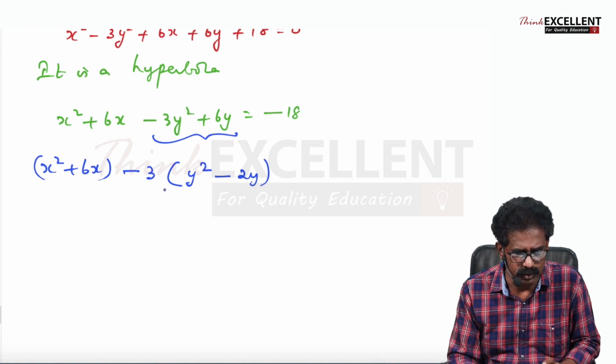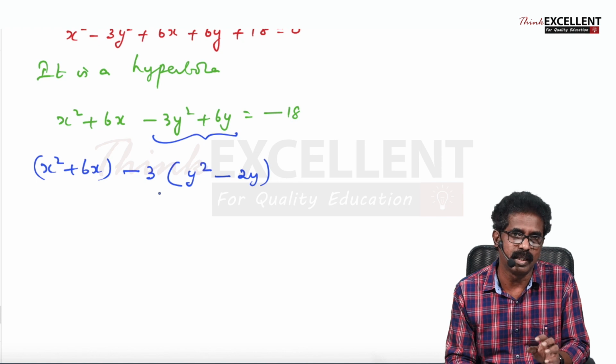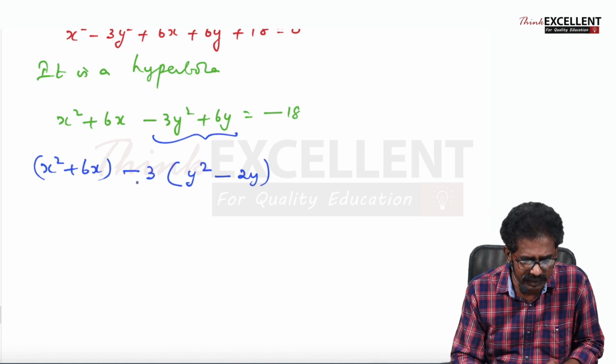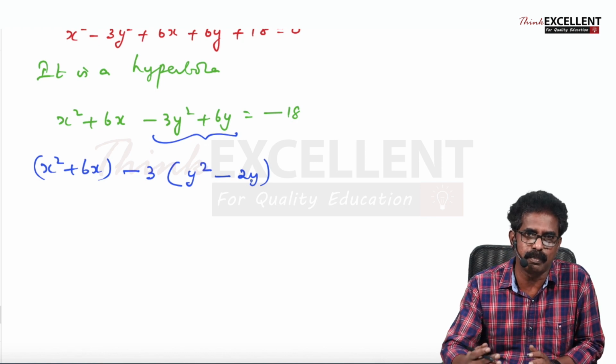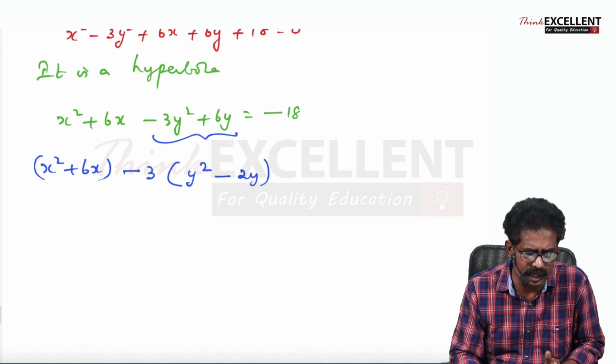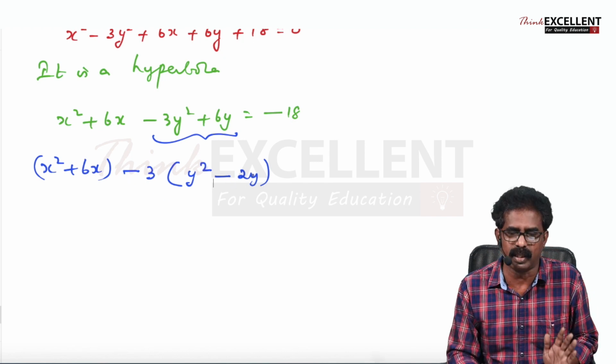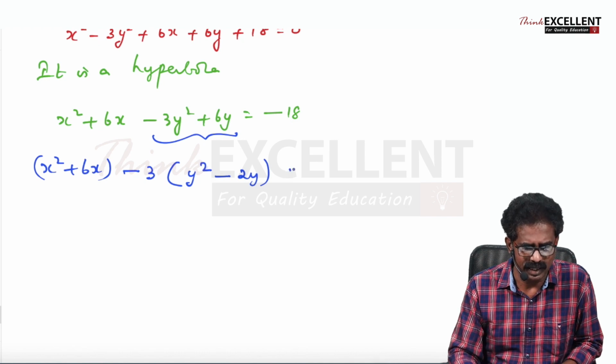Minus 3 into, minus is not common. So when you take minus outside, the minus becomes plus and the plus becomes minus. After writing this step, before writing the other part, just expand and check once. Minus 3 into y square is minus 3y square. Minus into minus is plus, so minus 3 into minus 2y gives plus 6y. Yes, it is correct. After that, there is very little chance of making mistakes.